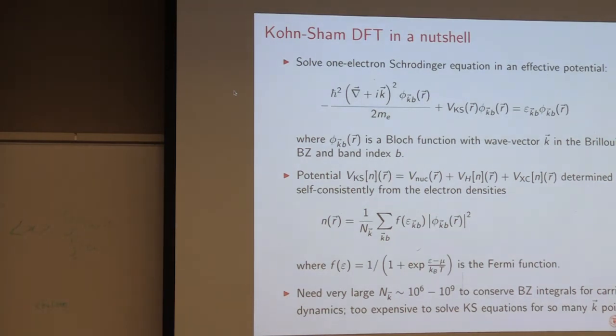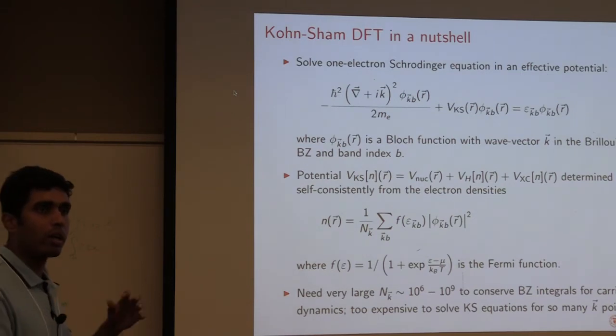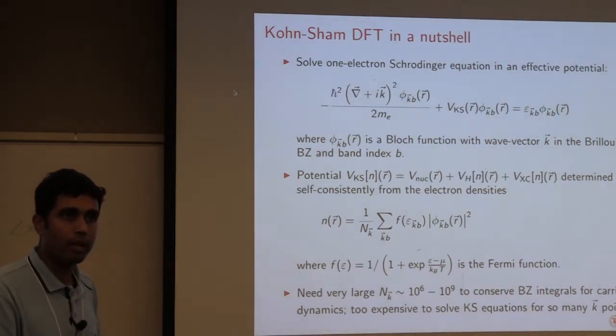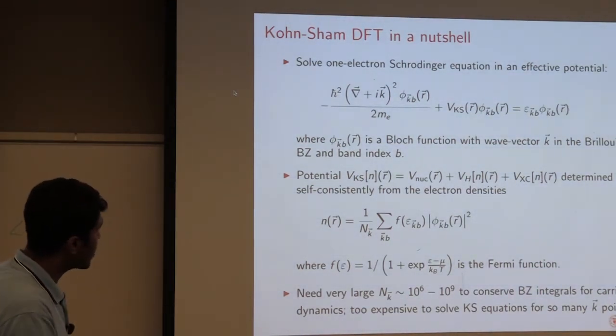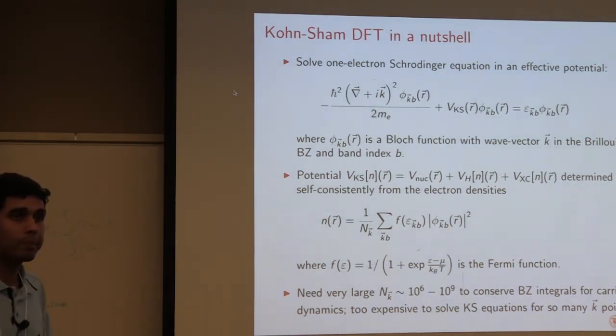Right? So, as I discussed before, in order to calculate what we are going to calculate, we are going to need a very large number of k values, on the order of 10 to the 6 to 10 to the 9, in order to get good convergence of the properties you're going to predict. But for conventional DFT calculations, it's typical to not use more than, say, 10 to the 3 or so of these k points.